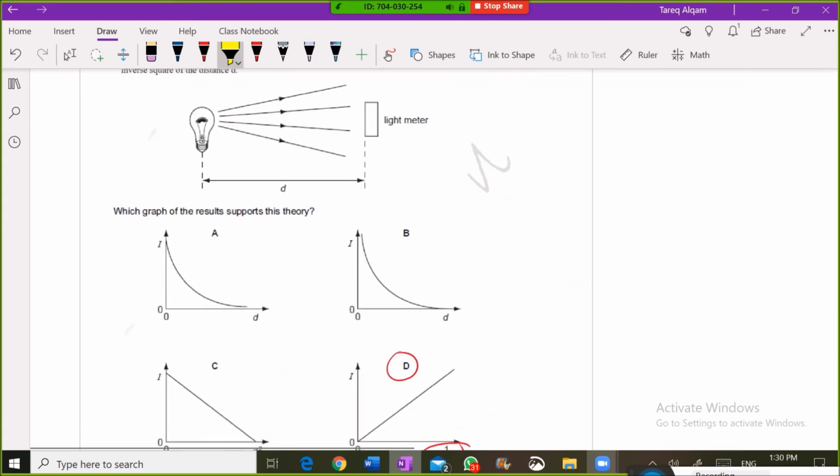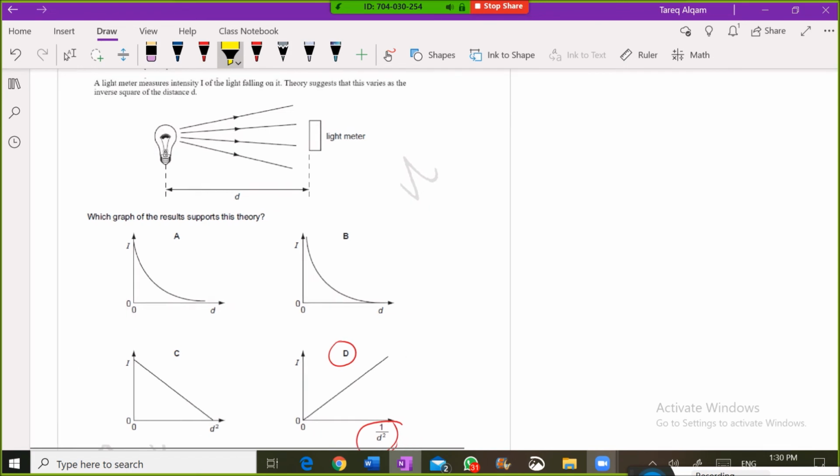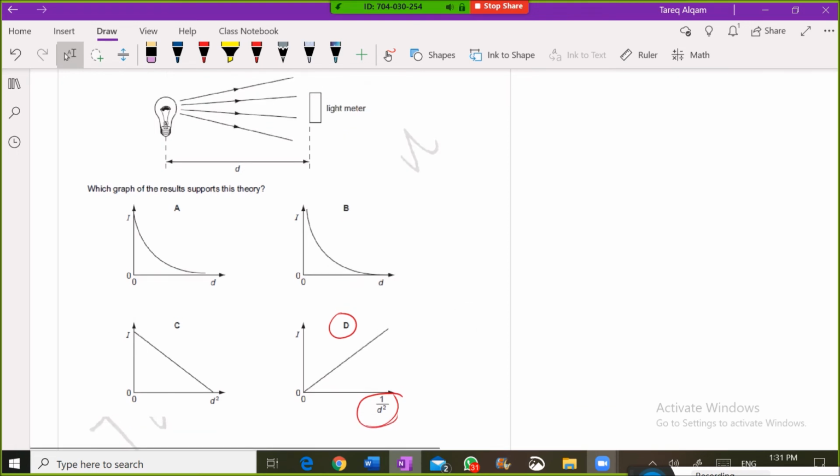Here is a past paper multiple choice question. A light meter measures intensity of light falling on it. Theory suggests that this varies as the inverse square of the distance. Which graph result supports this theory? For inverse proportion, the curve must not touch the x axis or the y axis.